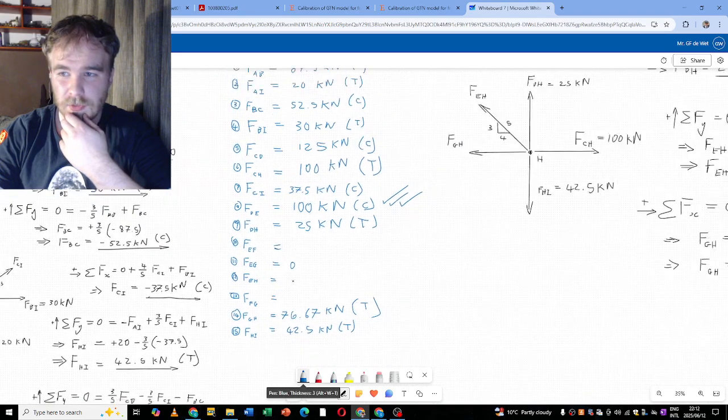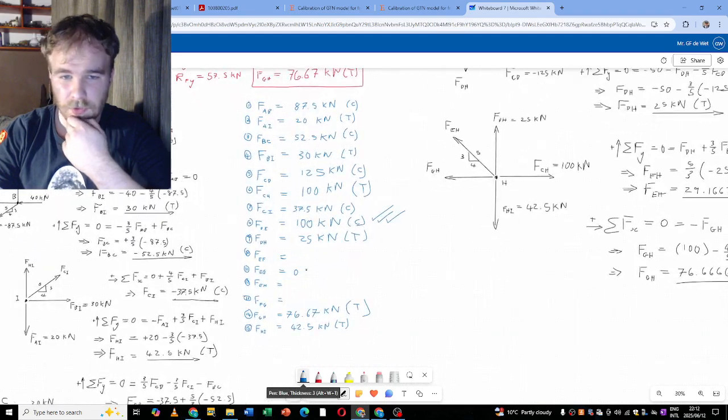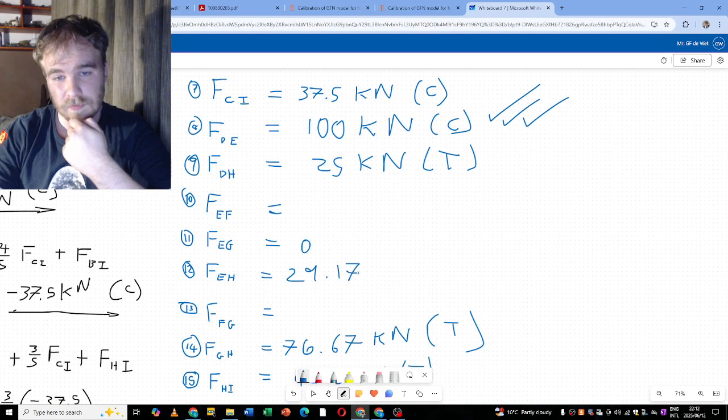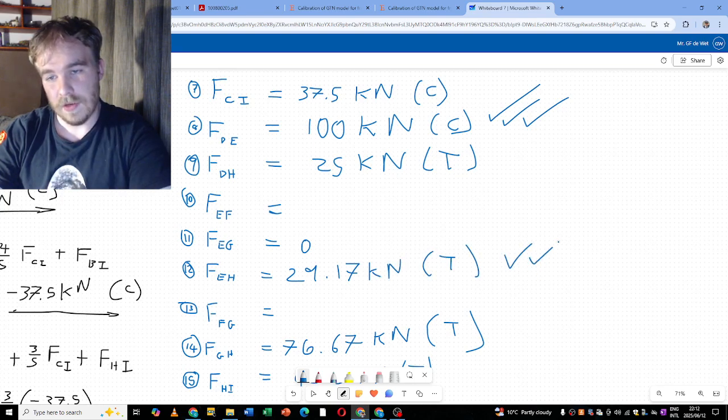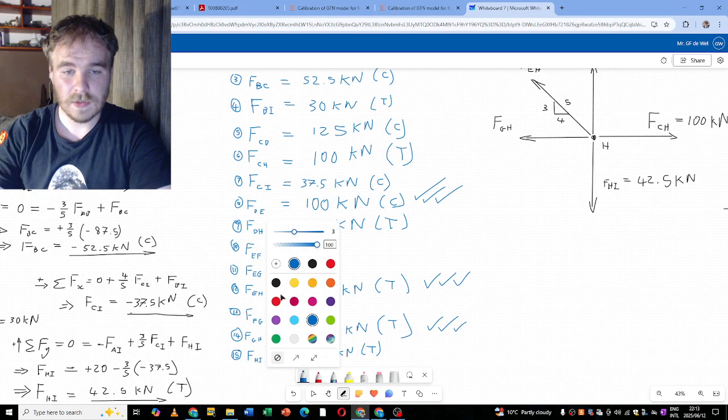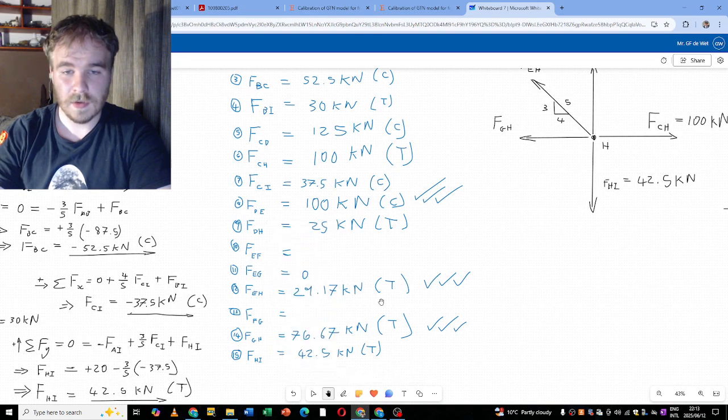This one is 29.17 kilonewtons, also tension. And I am very happy with this answer and this answer. And now we only have two forces left that we need to calculate. So I'm going to switch back to the black pen.